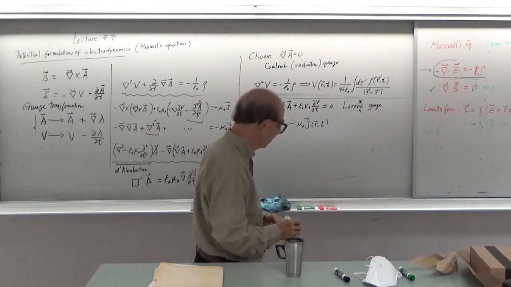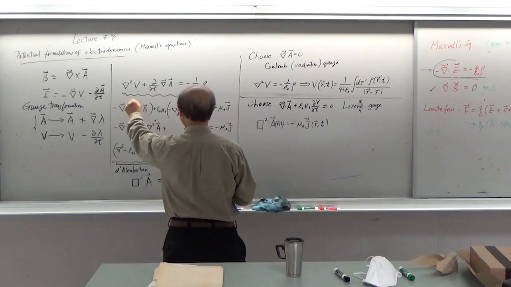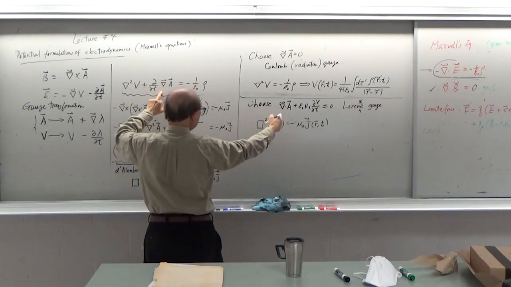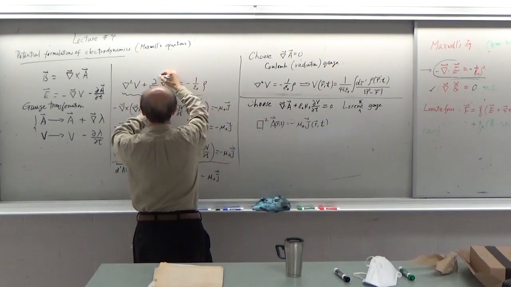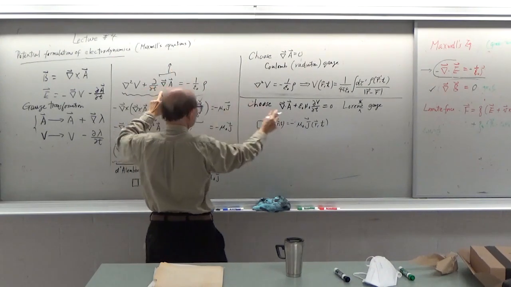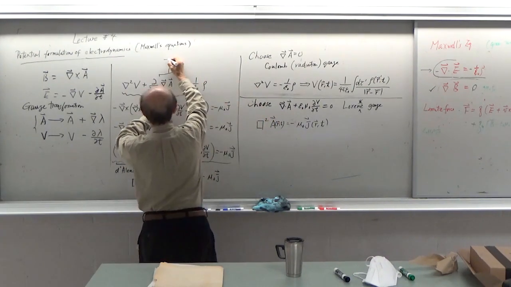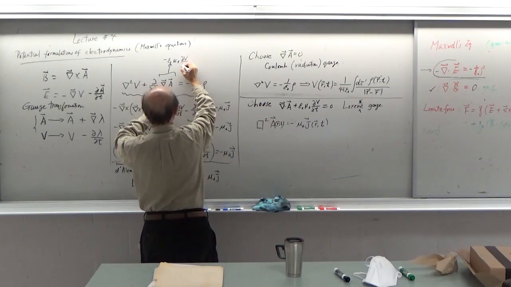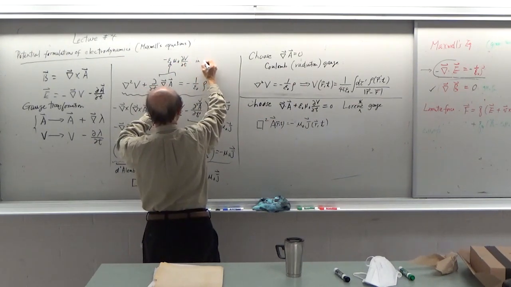No. Why? This term in this gauge can be replaced by minus epsilon naught mu naught del V by del T in the Lorenz gauge.